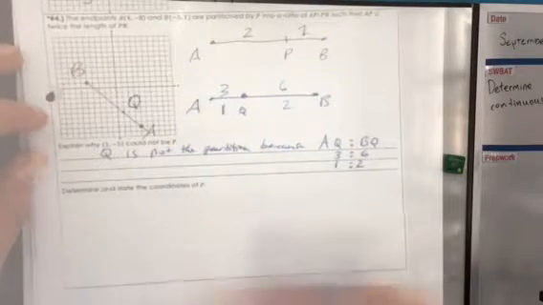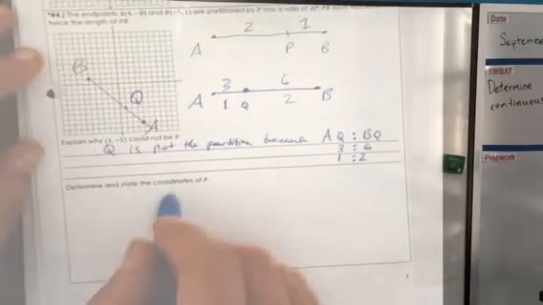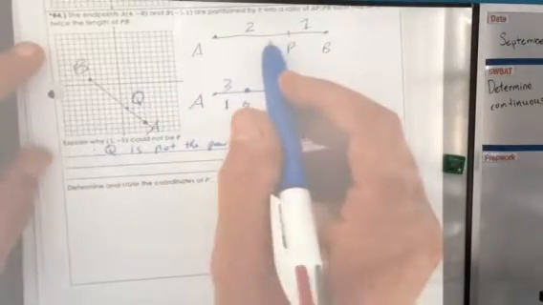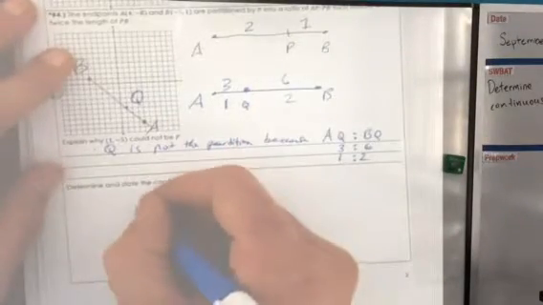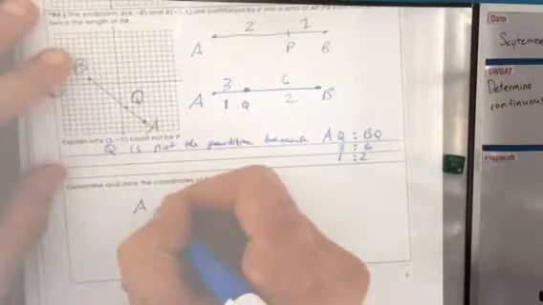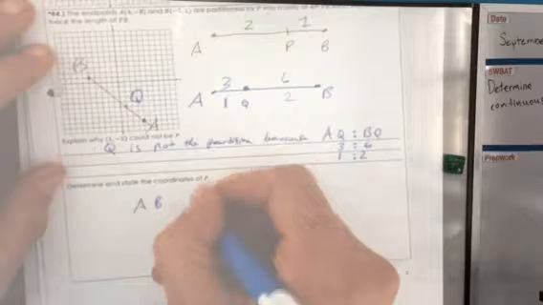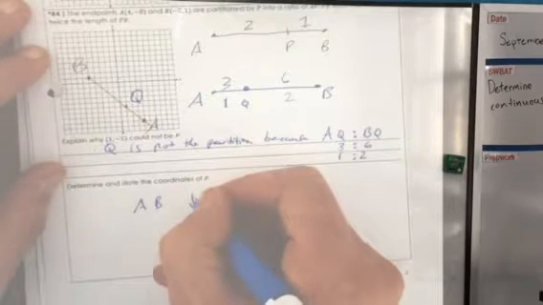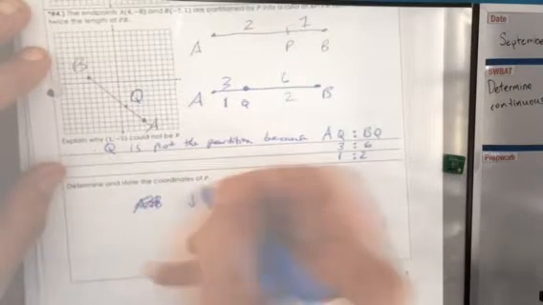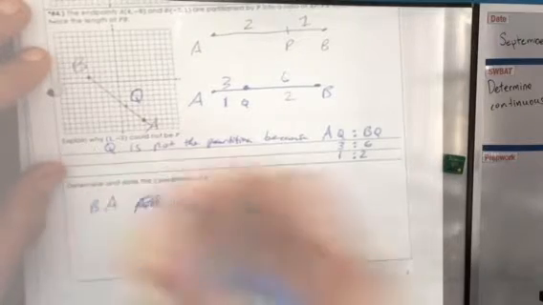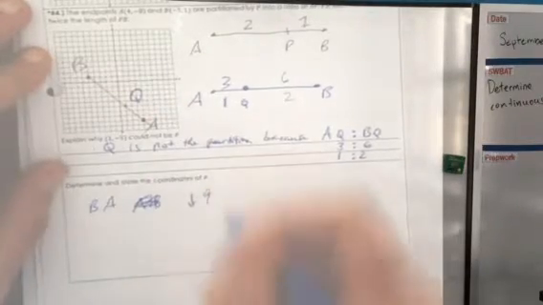So now, to answer the question, determine and state the coordinates of P that will make this true. Okay, so from B to A is a move down 9.